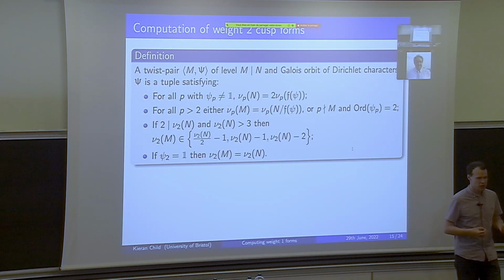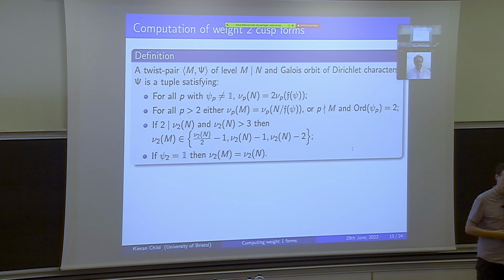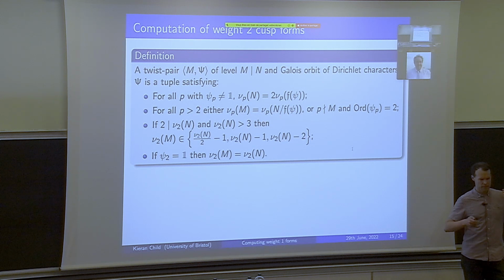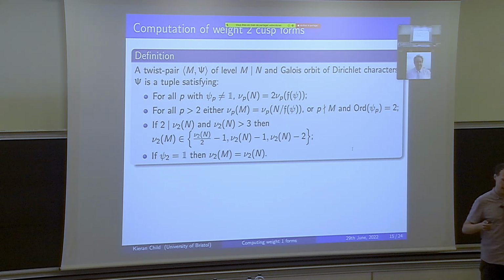So with the computation of weight 2 forms, we have these twist pairs. The idea of these twist pairs is that we want the trivial character space, and this is going to tell us lower level spaces that we need to compute with twist minimal character so that we can recover our trivial character weight 2 space of level n.